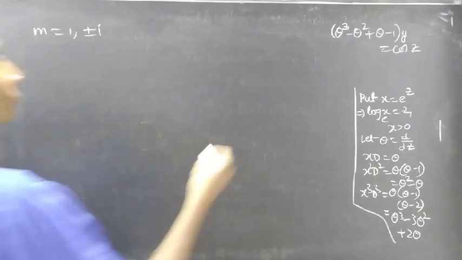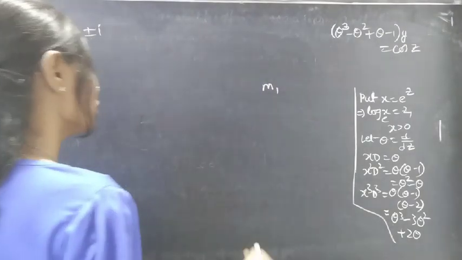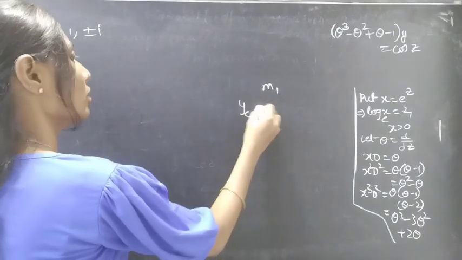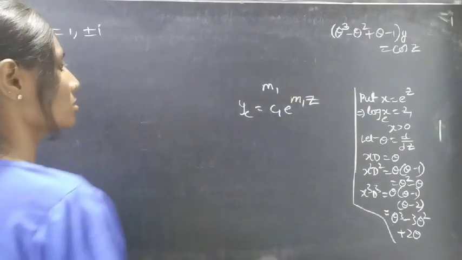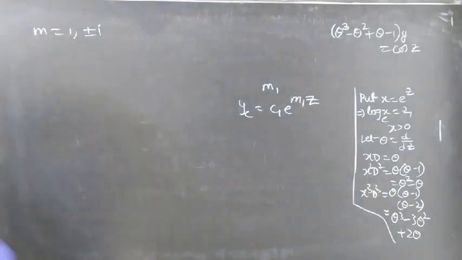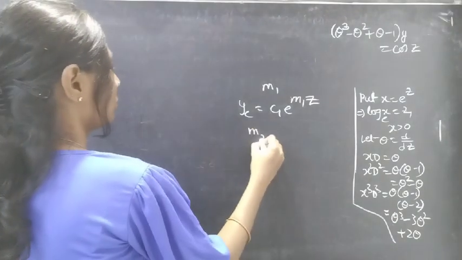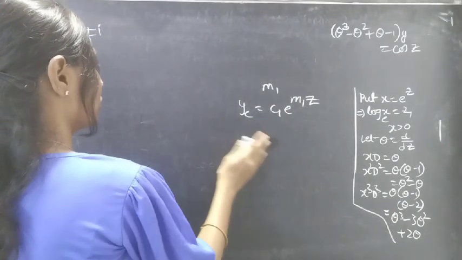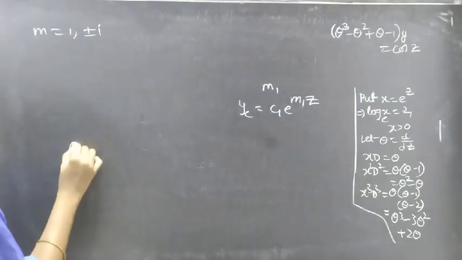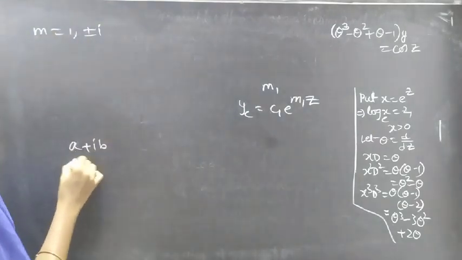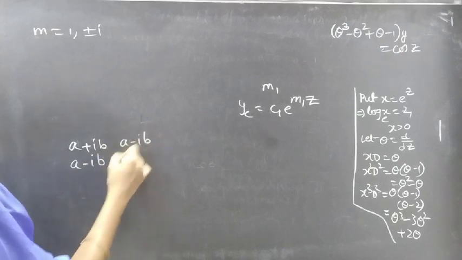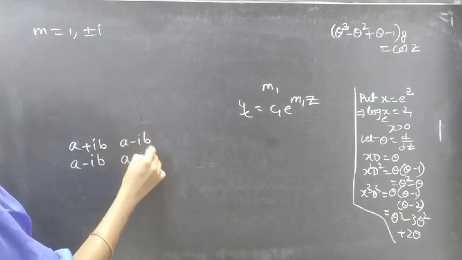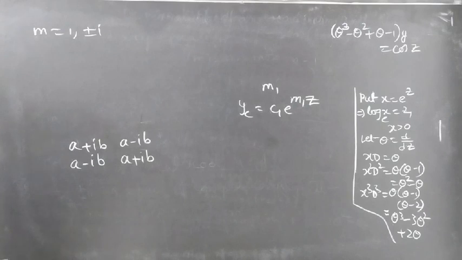We know that when m1 is a root, then yc will be c1 e power m1 into z, right? For a real root. If a plus ib is a complex number, its conjugate is a minus ib. If a minus ib is a complex number, then a plus ib is its conjugate, right?